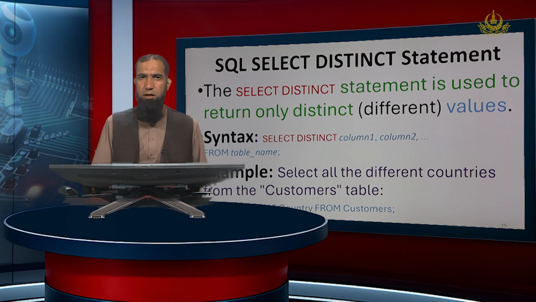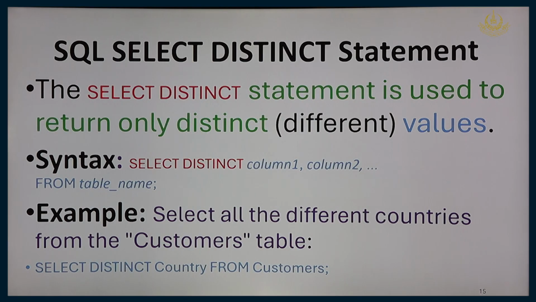By default, SQL returns all matching rows from a table even if they contain duplicate values. But sometimes we are only interested in unique entries, and that's where distinct helps. For example, suppose our customers table looks like this: name, country, product type. So our primary key is basically the combination of name and country.